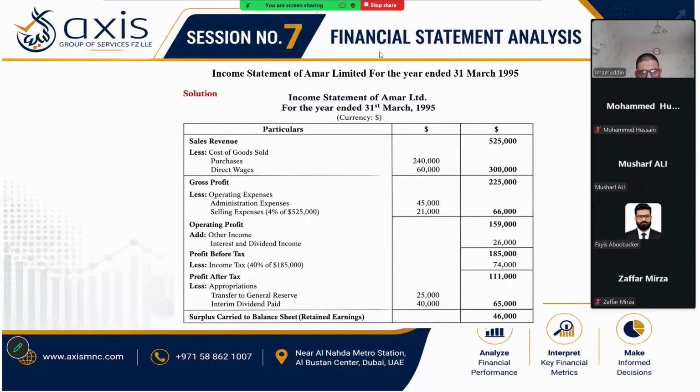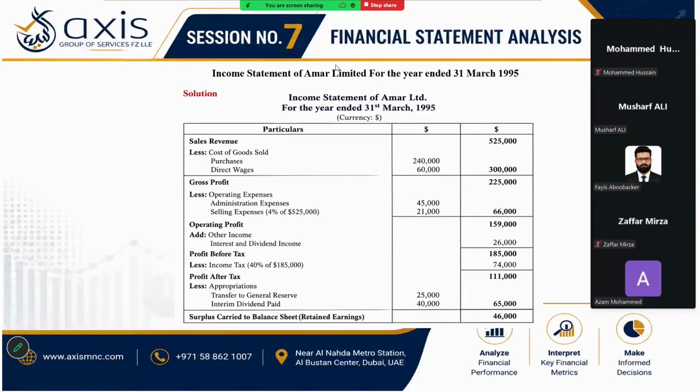Surplus carried forward to the retained earnings: sales minus cost of goods sold gives gross profit, less operating expenses. Selling expenses are 4% of what? Sales. That's why 425 multiplied by 4%.